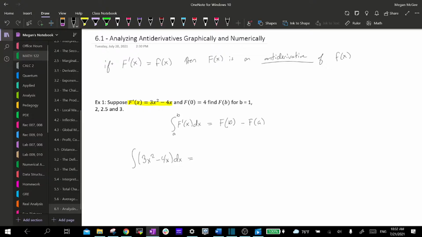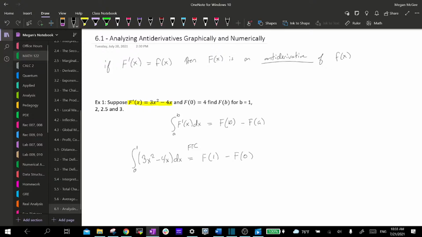All right, 0. And we need to find b at all of these various values. So we'll use b is equal to 1 as our first upper bound. Okay, so this gives us, by the fundamental theorem, F of 1 minus F of 0.